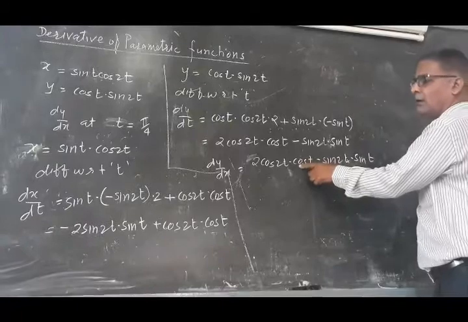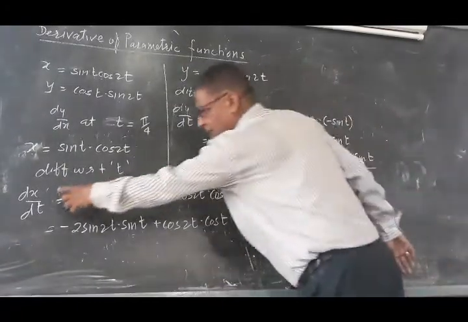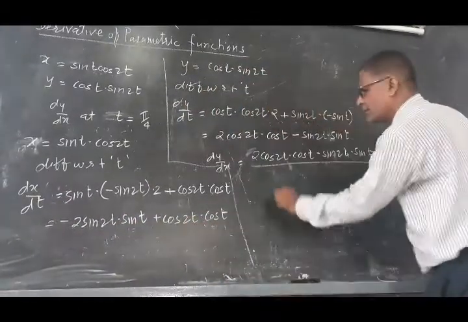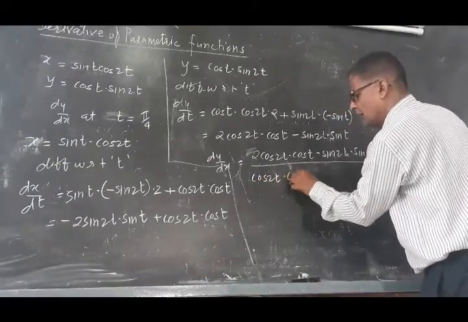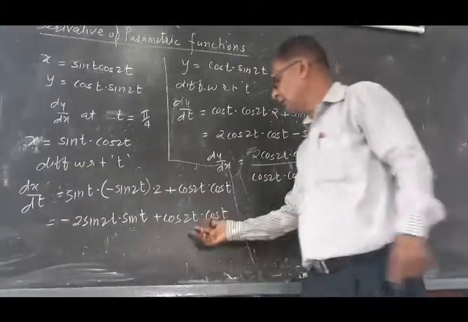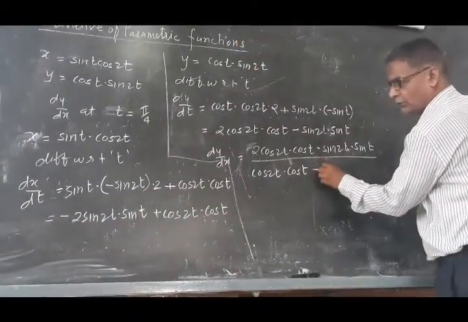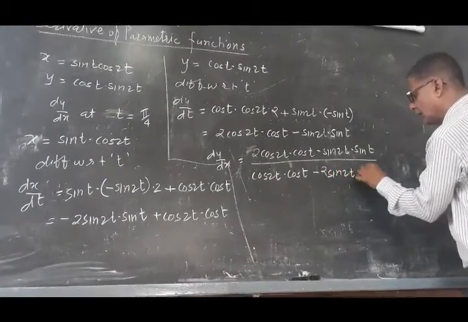This is dy upon dt divided by dx by dt. We can take it this way. First I will write this one: cos 2t into cos t, cos 2t plus, and this is minus 2 sin 2t into sin t.